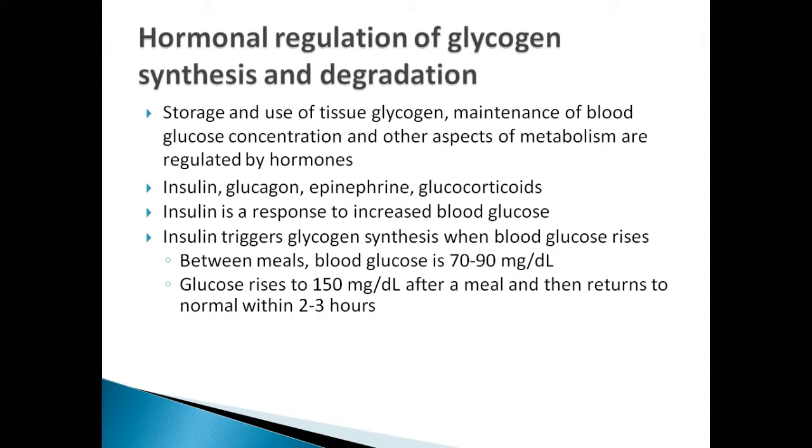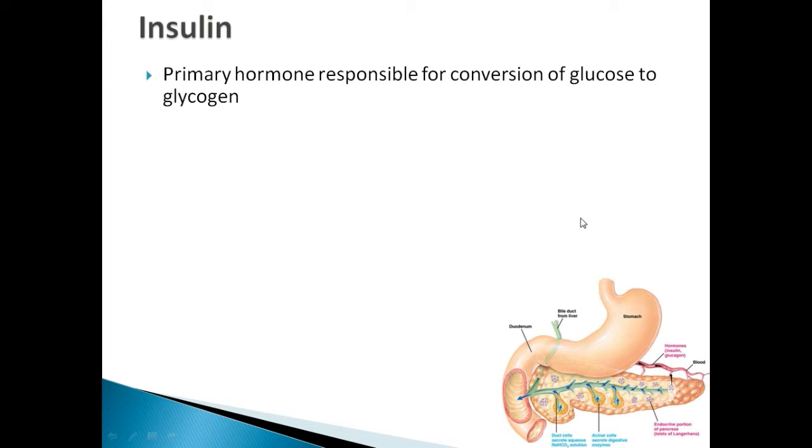When you have a meal, glucose levels can rise to 150 milligrams per deciliter and should return to normal within 2 to 3 hours. What glucagon and epinephrine do is kind of the reverse of insulin, in that they stimulate glycogen breakdown. And that, of course, happens when blood glucose level is low.